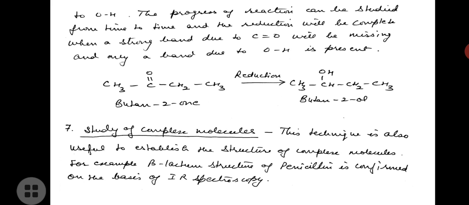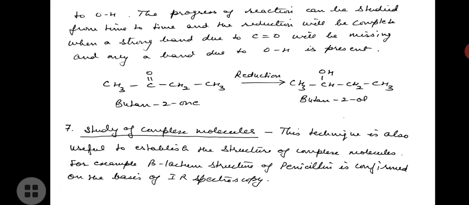Now the next is the study of complex molecules. So IR spectroscopy is also useful to establish the structure of complex molecules. For example, two structures of penicillin were proposed on the basis of IR spectral studies. The first structure is the beta-lactam structure and the second is the oxazolone structure.